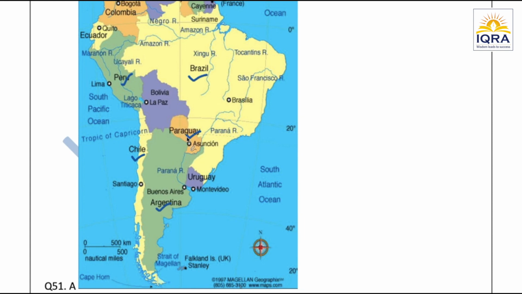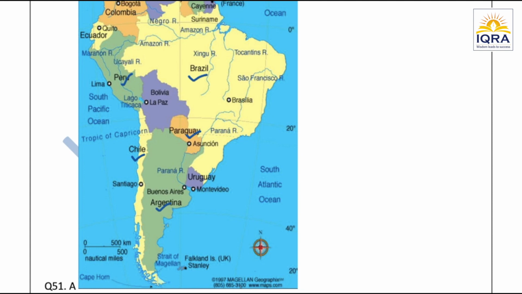The next landlocked country is Paraguay, okay. And the two other options given, Uruguay and Suriname, are not landlocked countries. Suriname, because its boundary touches the Atlantic Ocean, so it is not a landlocked country.